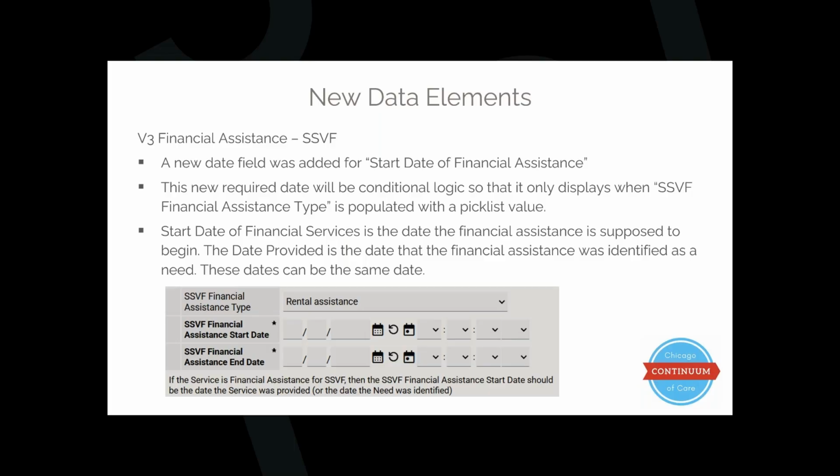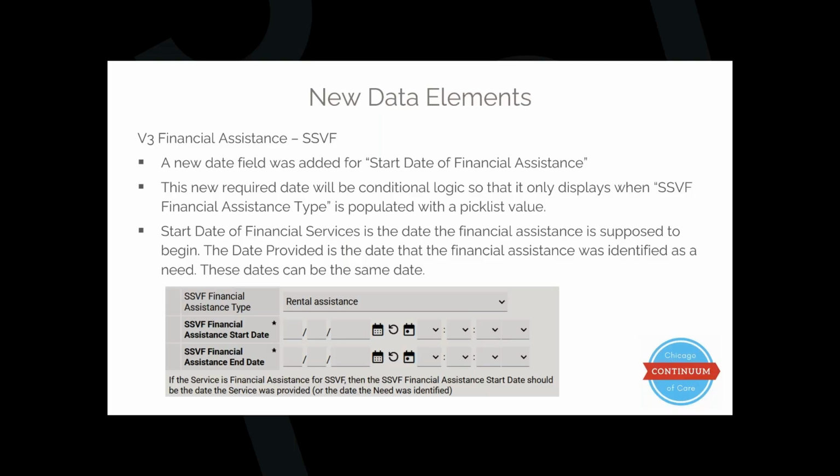So a new date field is going to be added, which is start date of financial assistance. This new required date will be conditional logic, so it only displays when SSVF financial assistance types is populated in the pick list. So in the screenshot below, you can see the initial SSVF financial assistance type. If you put anything into that field, the following date questions are going to populate.